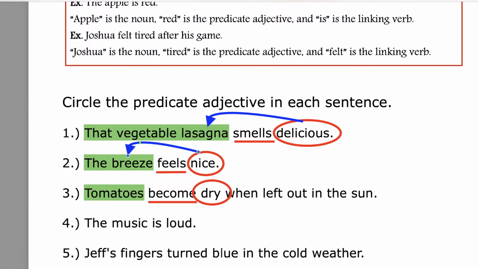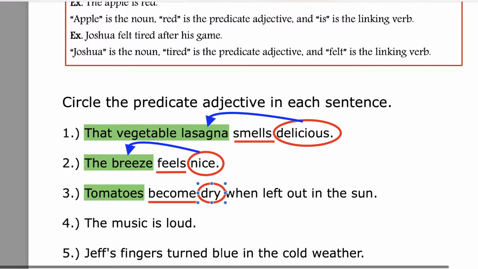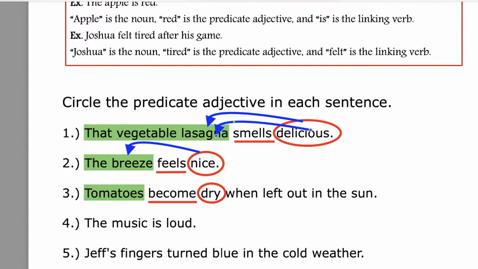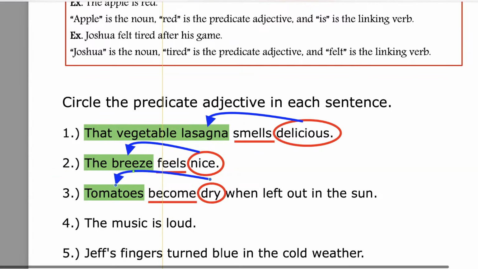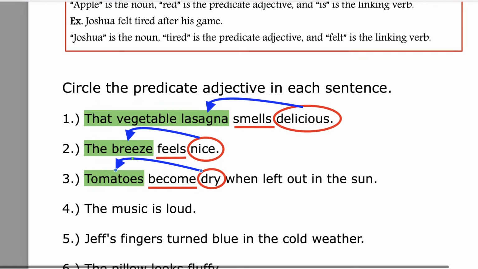Tomatoes become dry. Dry is our adjective describing tomatoes, our subject. Same thing, right? So you can go ahead and finish this up.